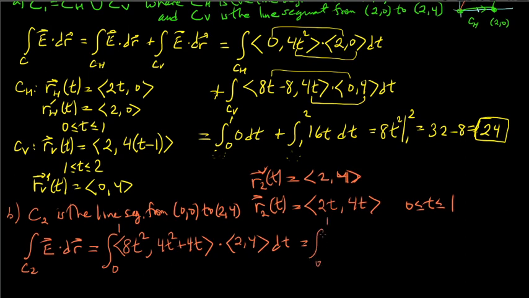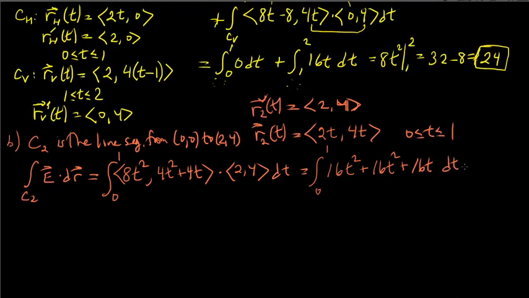So this is the definite integral from 0 to 1 of 2 times 8t squared, so 16t squared, plus 4 times 4t squared, so that's also 16t squared, plus 4 times 4t, which is 16t. So 16t squared plus 16t squared is 32t squared plus 16t.